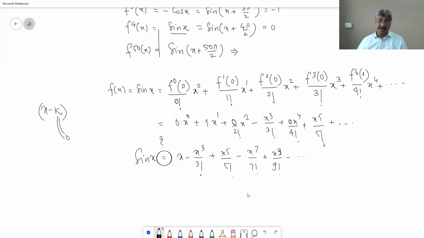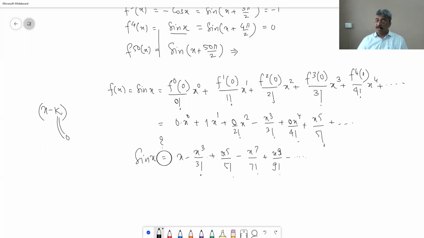Using a calculator, maybe using the first 3 or 4 terms by putting x is equal to pi by 6, are we heading towards half or not? Maybe you can cross check that, so that whatever work we are doing is giving us the desired result. You will have a first hand idea.